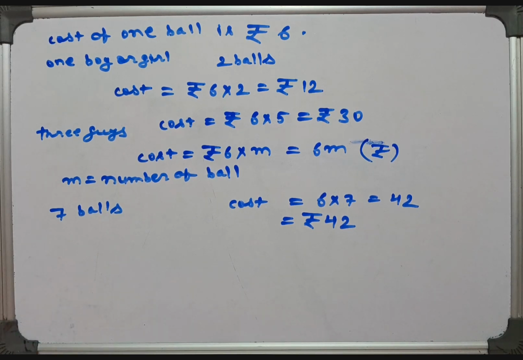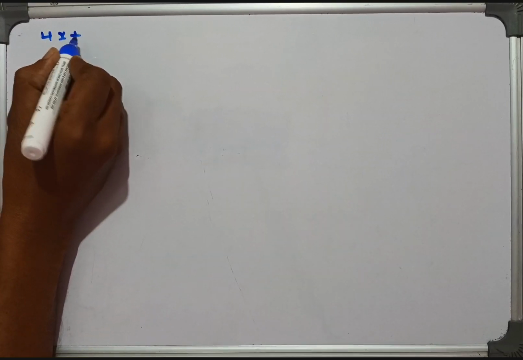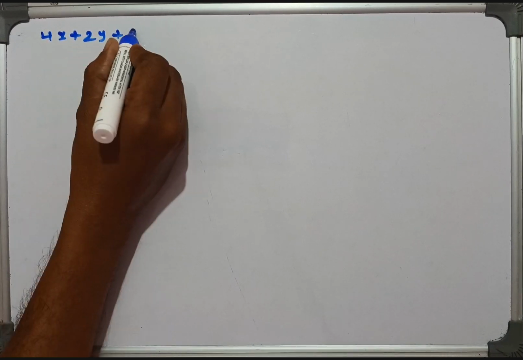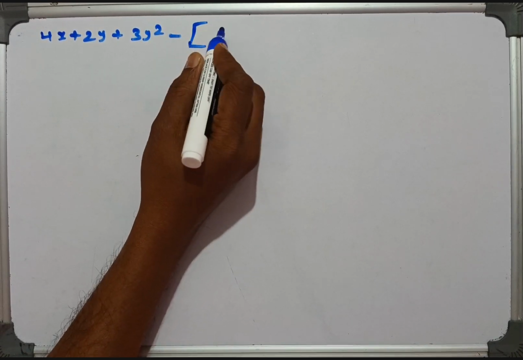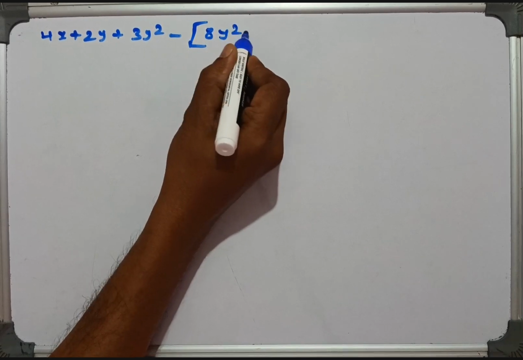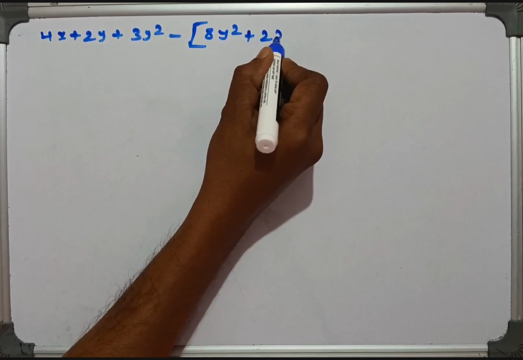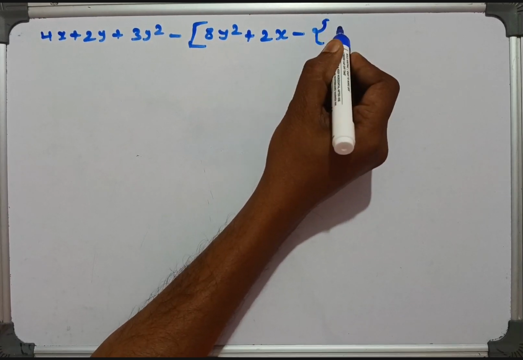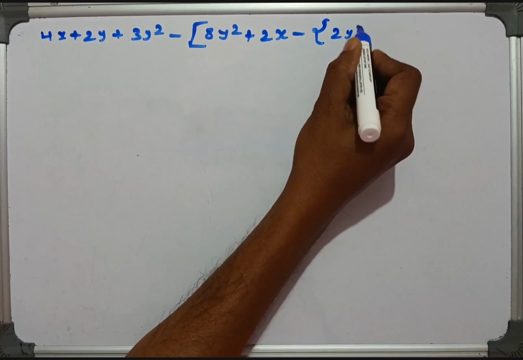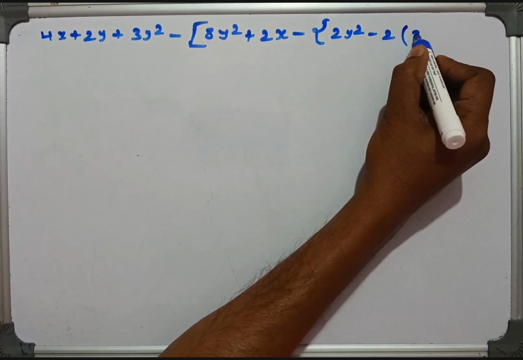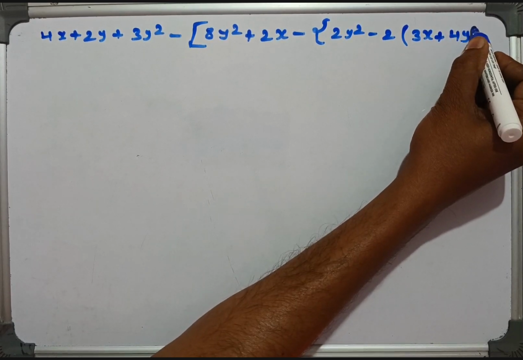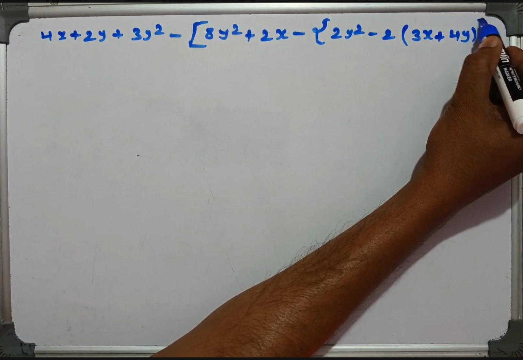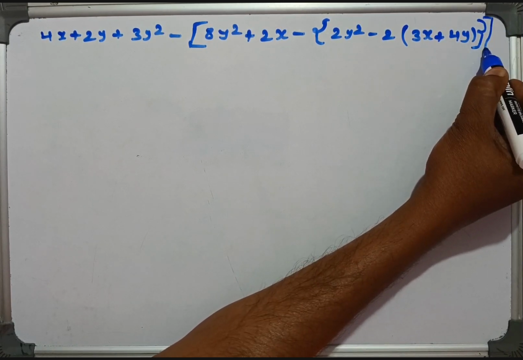Now see another example. The algebraic expression is 4x plus 2y plus 3y square minus open square bracket, plus 2x minus open curly bracket 2y square minus 2 open bracket 3x plus 4y close bracket, close curly bracket, close square bracket.